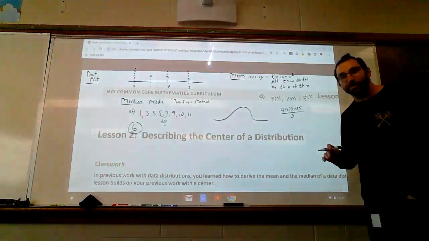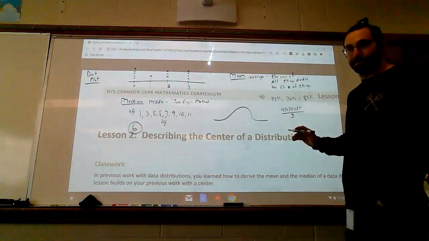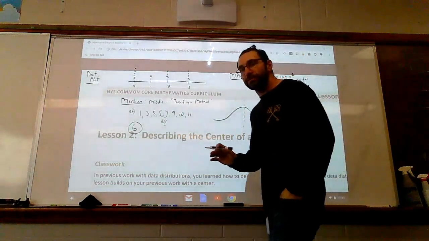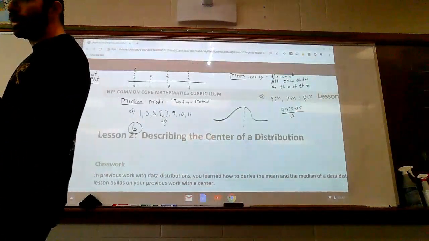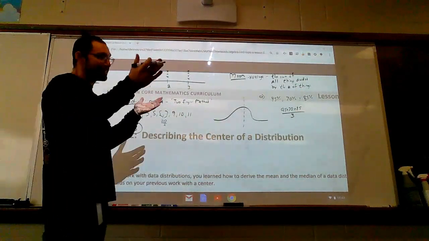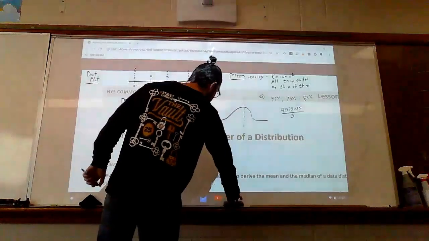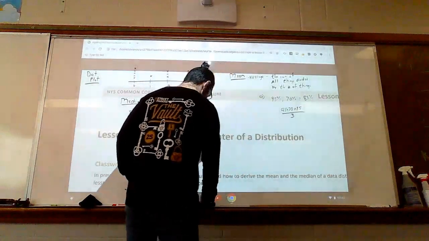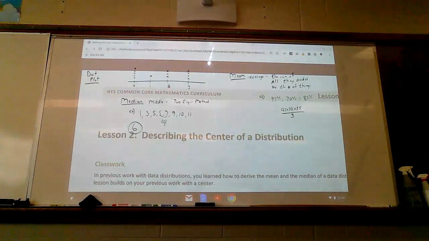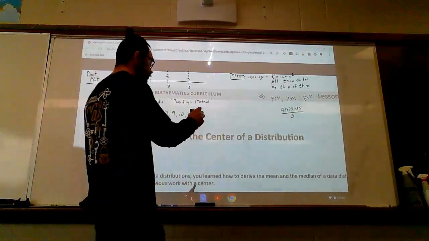This is a symmetrical data set. Symmetrical meaning that if I cut it down the middle, it's pretty much the same on one side. Okay? That is what symmetrical means, is it's the same on both sides. So we love data that is symmetrical. That's a symmetrical distribution. Unfortunately, sometimes things are what's called skewed.